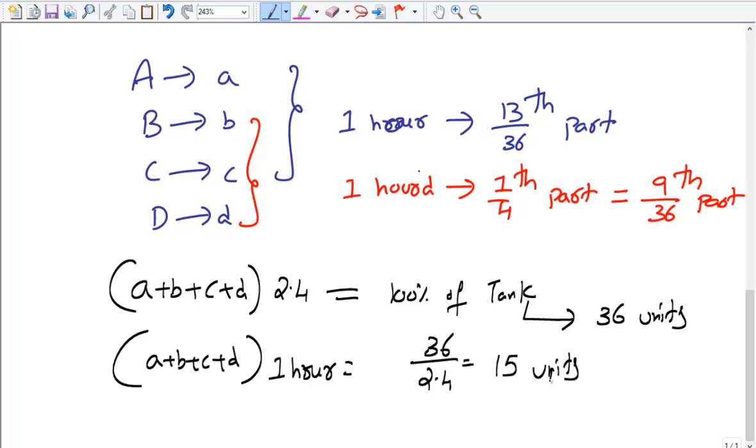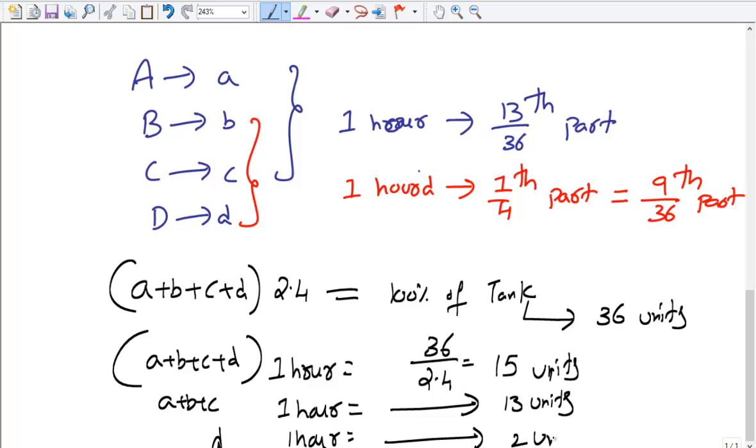Now A plus B plus C plus D equals 15. Since A plus B plus C in 1 hour is equal to 13 units, D alone fills exactly 2 units in 1 hour.